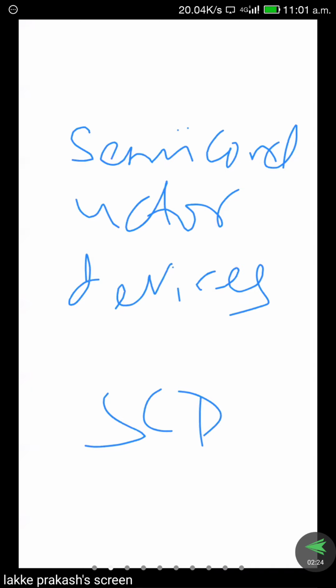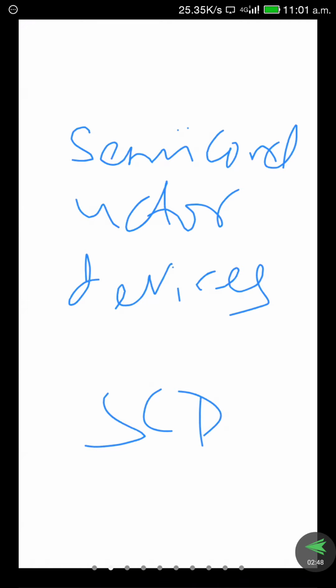So actually, semiconductors are the memory elements, memory devices. Suppose you are taking memory cards, or RAM, ROM and hard drives. These are the memory elements, and these memory elements are designed by using semiconductor devices.